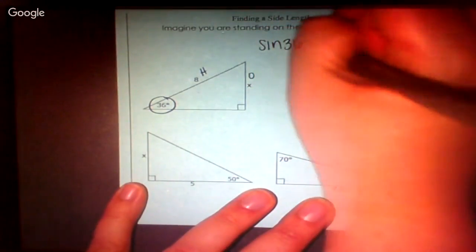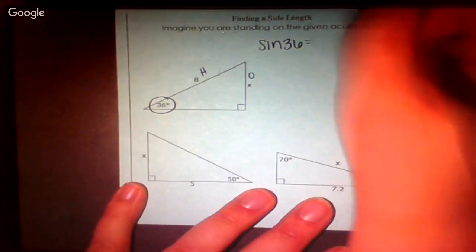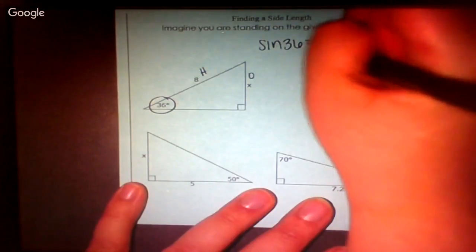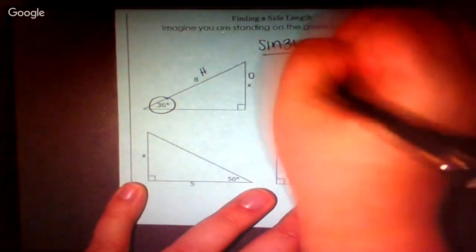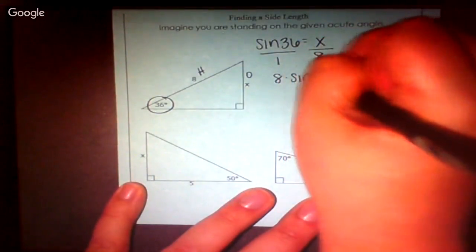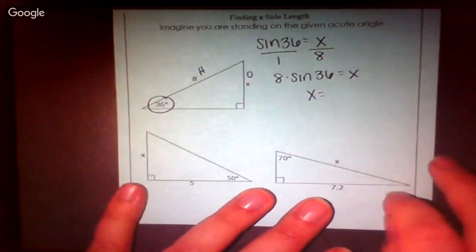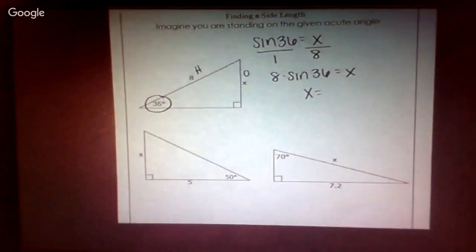Sine of 36 equals X over 8. Good. When I cross multiply, we get 8 times the sine of 36 equals X. There's no dividing this time. X is already by itself.